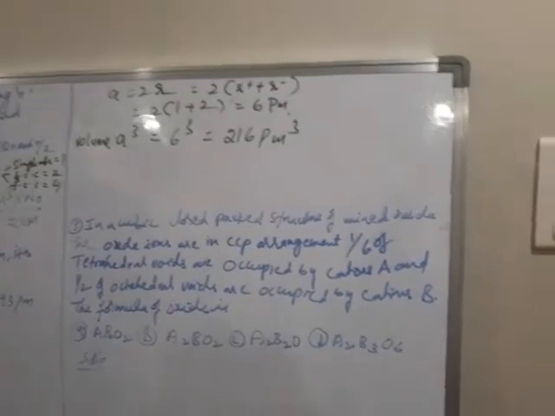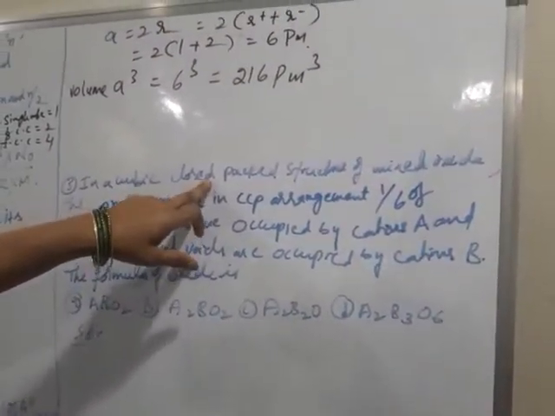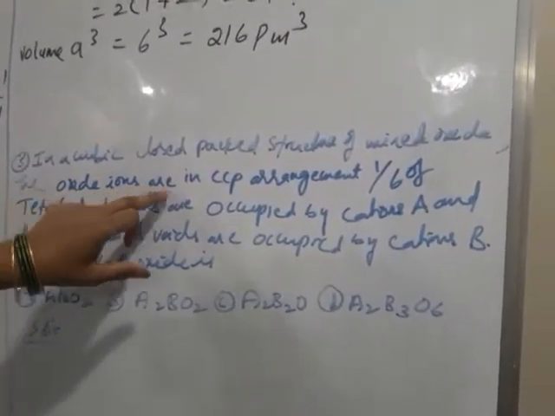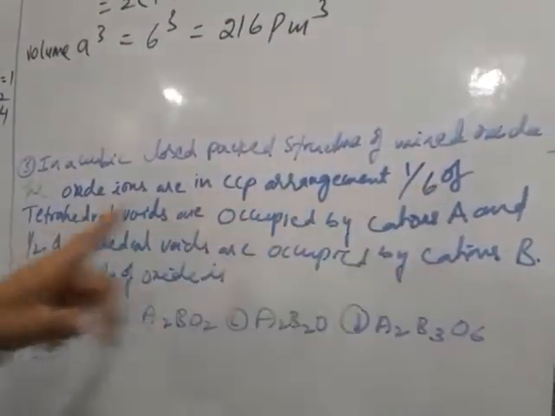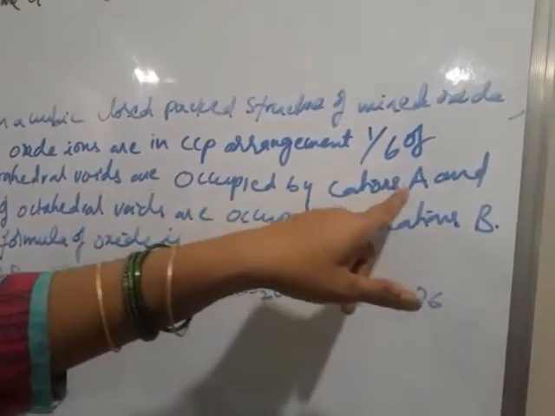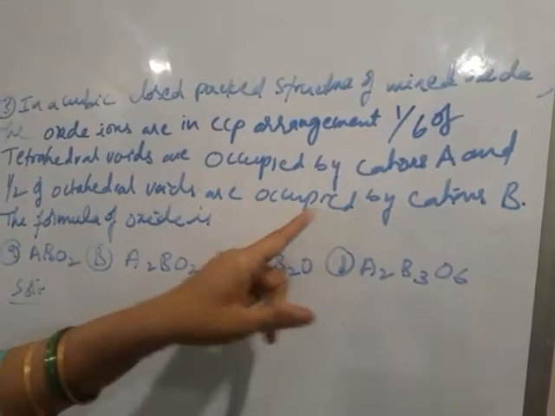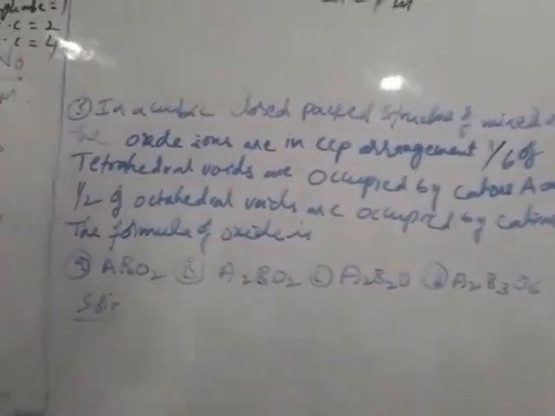Next, in a cubic close packed structure of mixed oxide, the oxide ions are in CCP arrangement. 1/6 of tetrahedral voids are occupied by cations A and half of octahedral voids are occupied by cation B. Then what is the formula of the oxide?